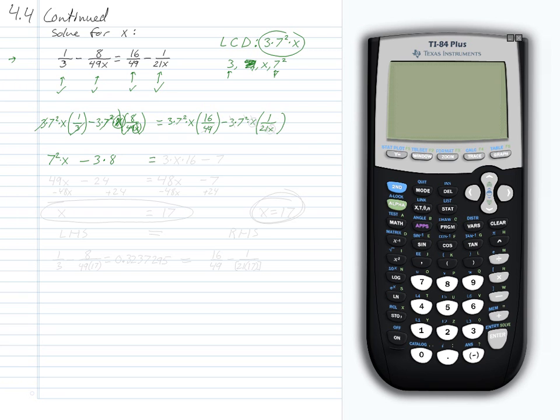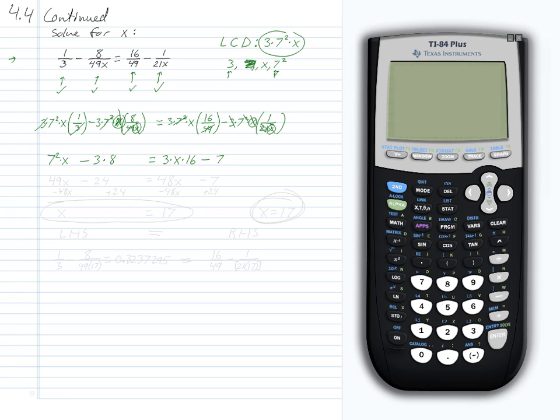On the other side, our 7 squared and our 49 will cancel, and we're left with 3 times x times 16. And finally, we'll cancel the 3 with the 21 and one of the 7's with the remaining 7 from the 21. We'll also cancel the x. So we're left with one of the 7's, and that seems to be it.